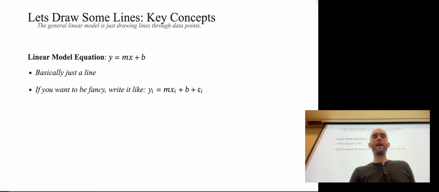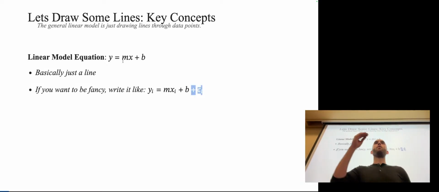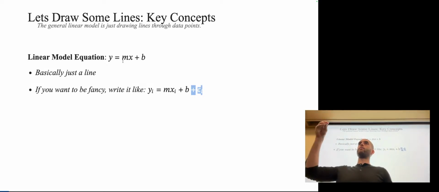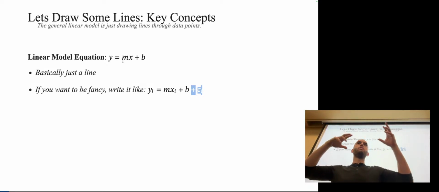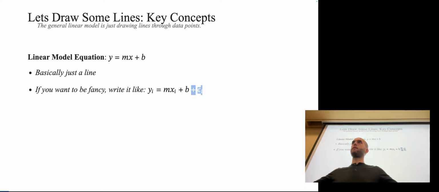If you wanted to be fancy, and we're going to be a little bit fancy today, you can write a linear model like this. We have y subscripted with i, just to represent a particular data point. And then we have this error term at the very end. So we have a line, but when we're talking about data, we want to talk about how wrong the model is.